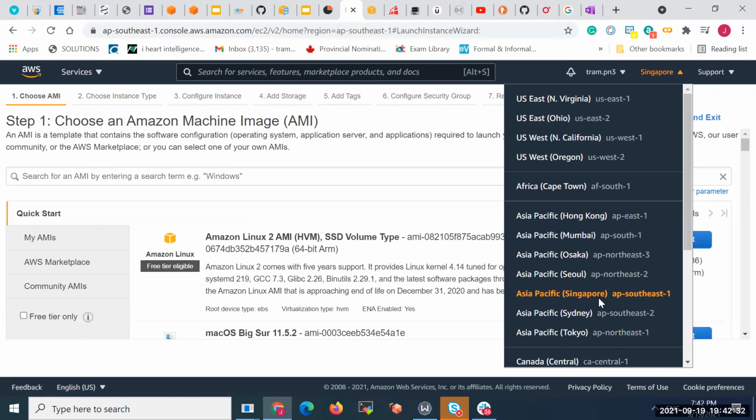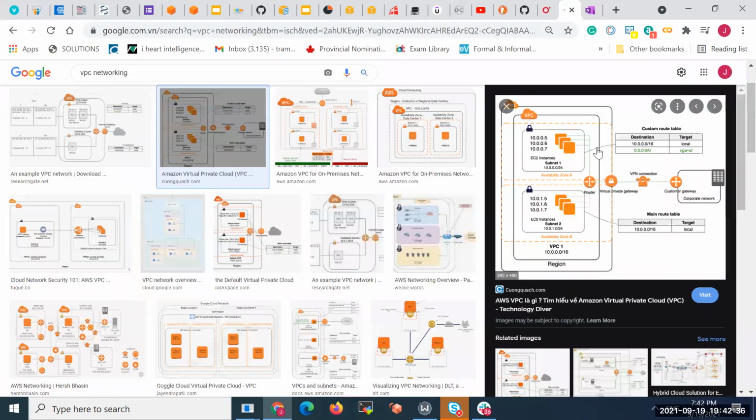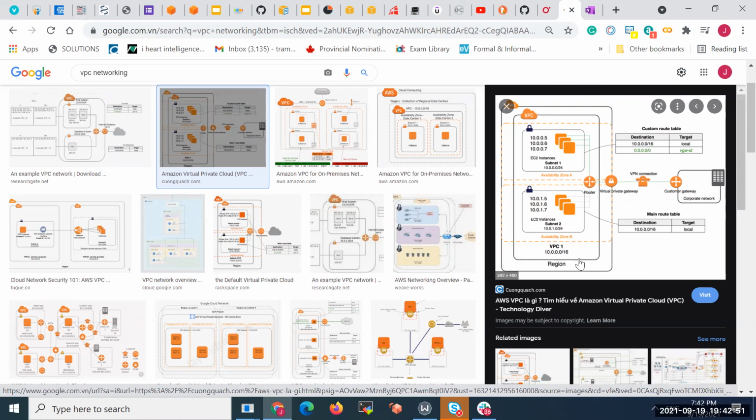So that is the concept of region and VPC. Some regions it will be available, some regions it will not be available. As you can see here, VPC is the outer bound, so it's the biggest box here. And in VPC, you will have regions, and this is the second layer.